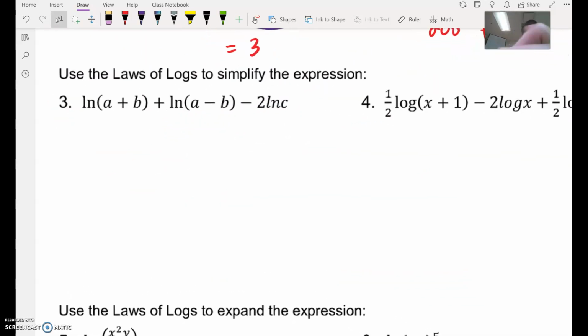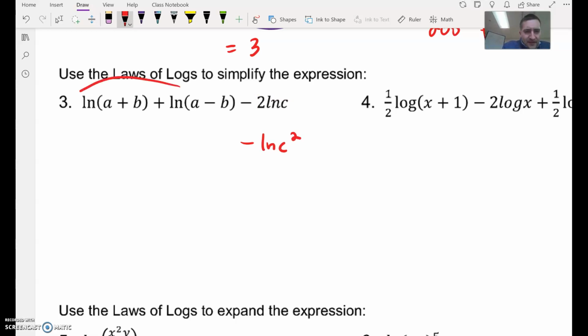We're condensing. I see a logarithm. I see that plus sign and that minus sign are what stand out to me, as well as this 2. I'm going to use a product rule, a quotient rule, and a power rule. Check this out. First thing I'm going to do is take that 2 and move it up here to become an exponent. So this will be minus natural log of c squared.